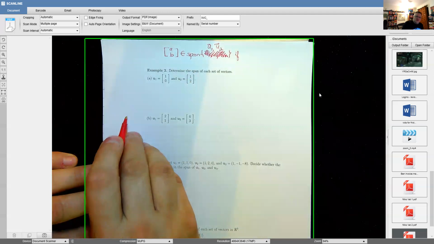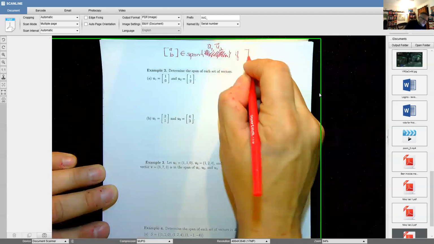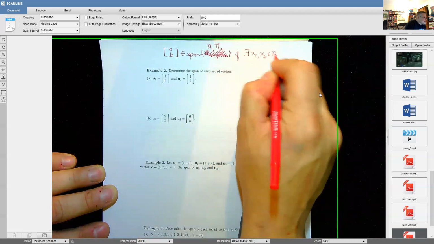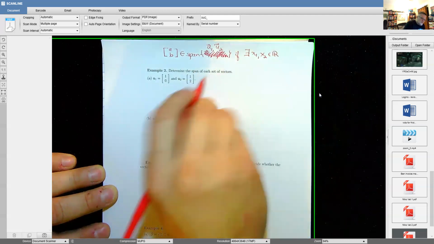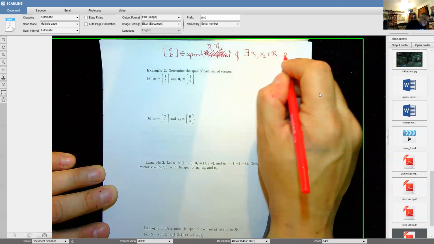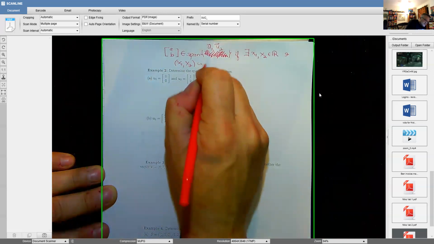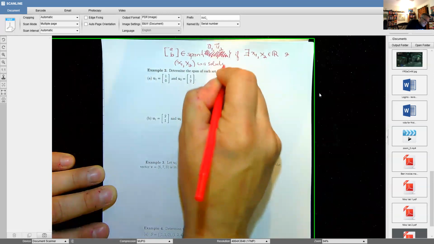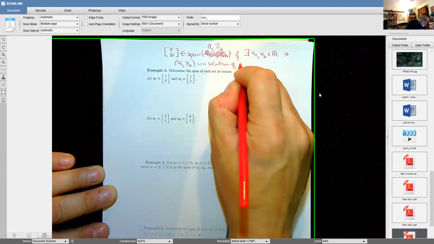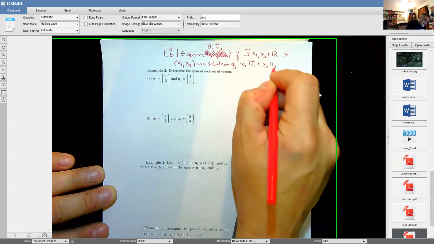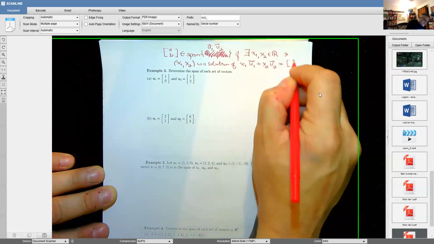So we'll say a vector is in the span of those two vectors if there exist x1 and x2 in R, so you can find scalars x1 and x2, such that the ordered pair x1, x2 is a solution of the system that you get by considering this vector equation.